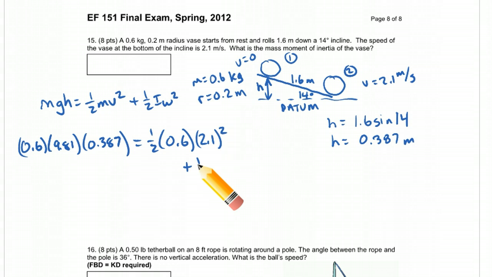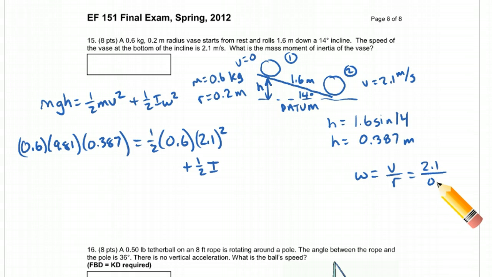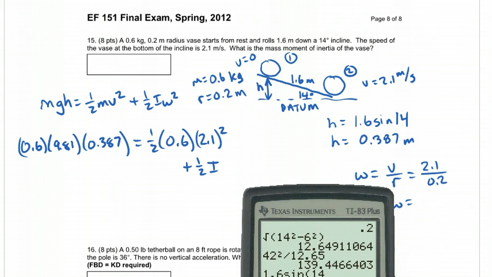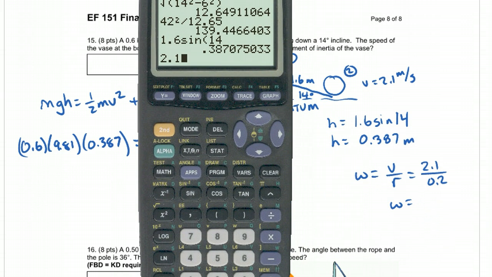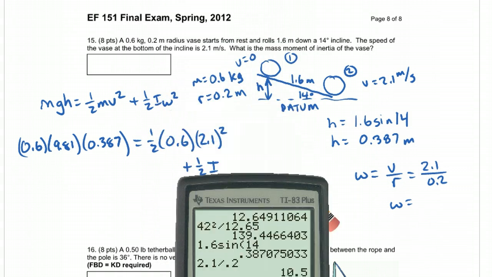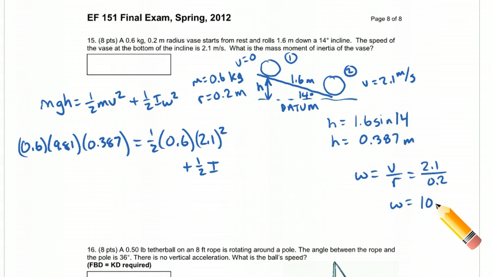And my other term is going to be 1/2 I omega squared, where omega is V over R. I can actually calculate that number: omega is 2.1 divided by 0.2, which is 10.5 radians per second.